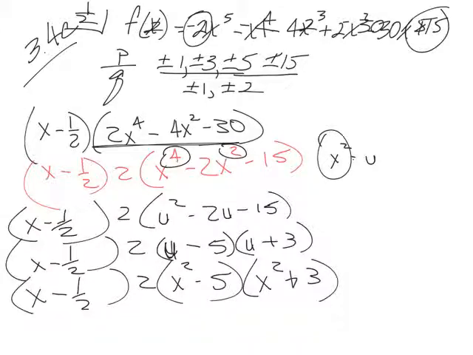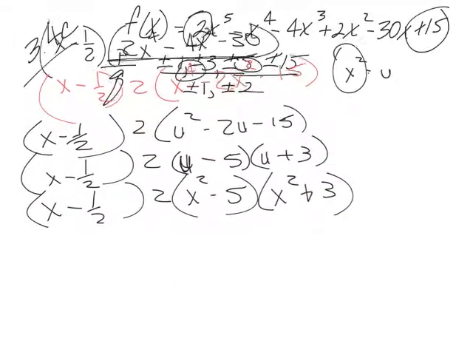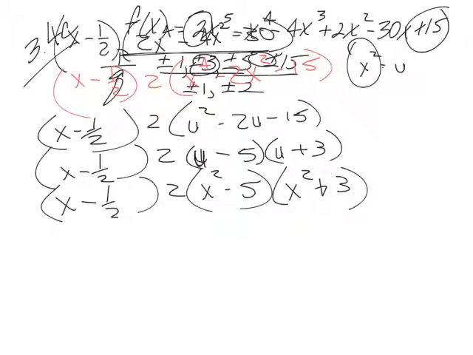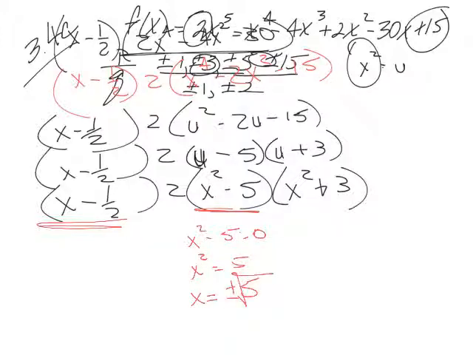I can solve for my x here and get a positive 1/2. I can solve for this and get plus or minus the square root of 5, because I'm going to get x squared minus 5 equals 0, x squared equals 5, x equals plus or minus the square root of 5.